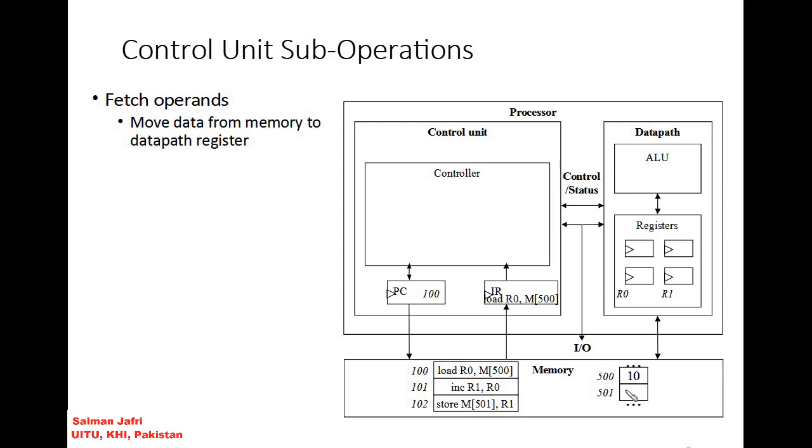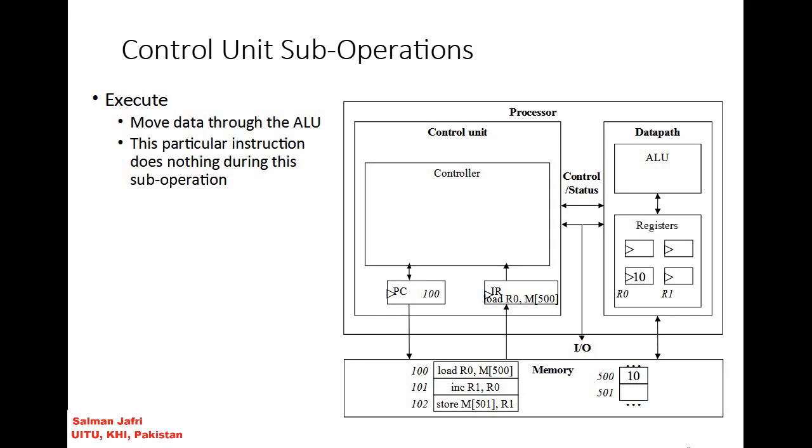So what happens? The contents of location 500 is 10. So after the fetch operand cycle, this value of 10 should be moved into R0. So this is the result of the fetch operands cycle.